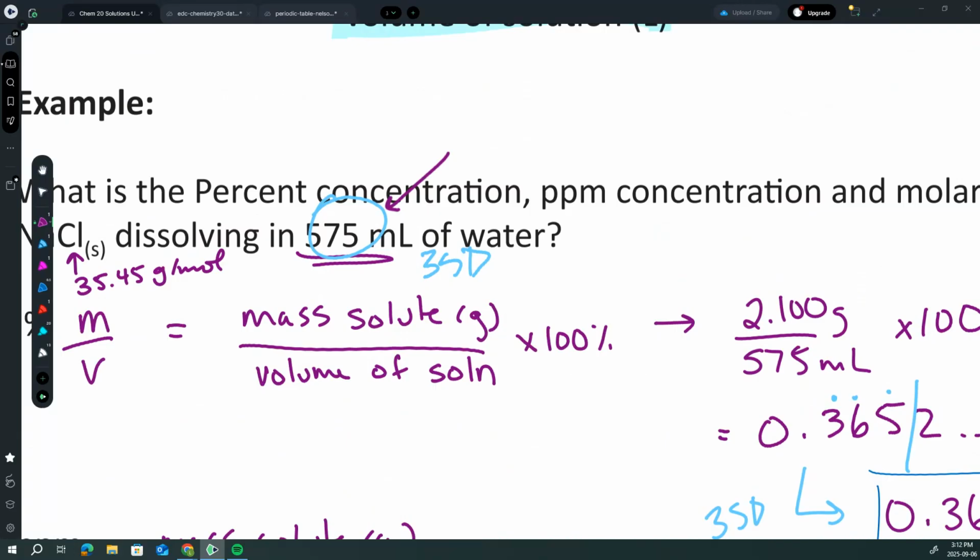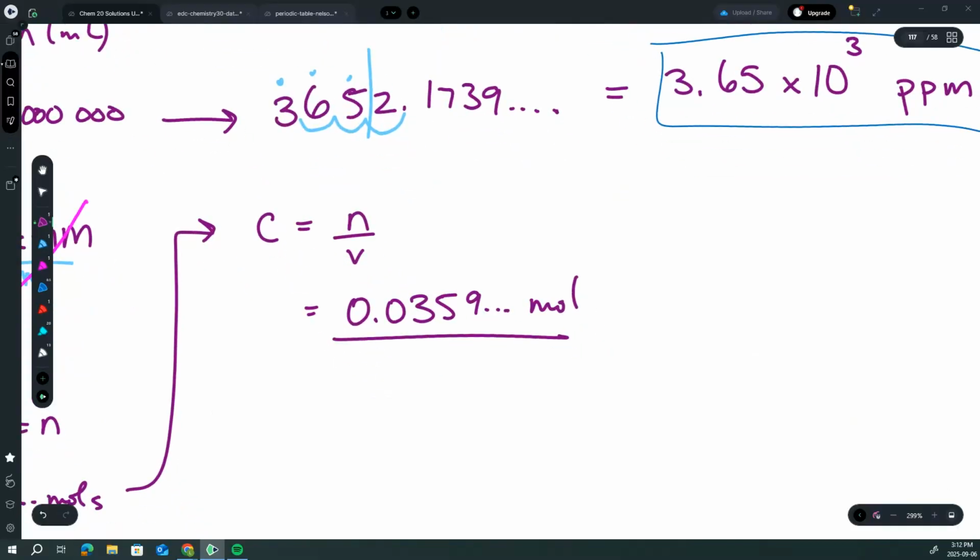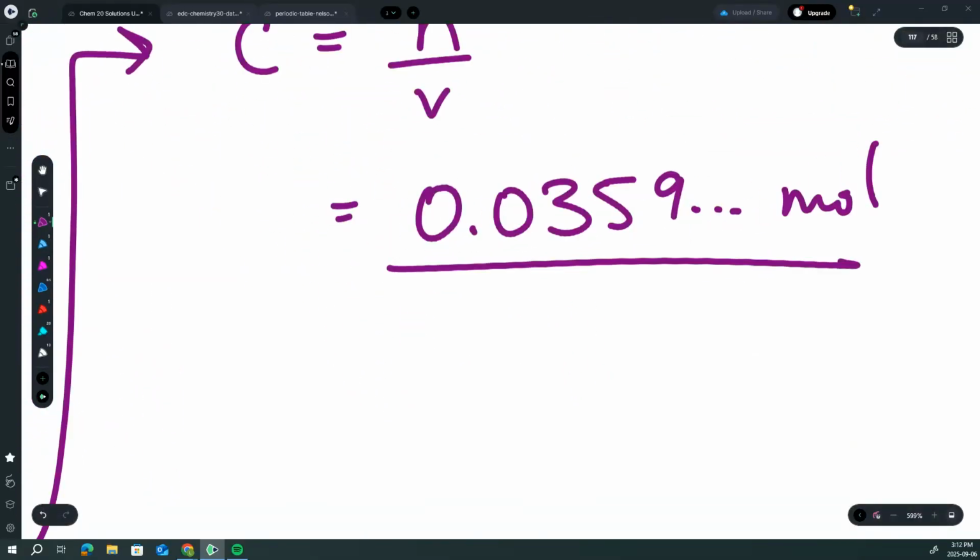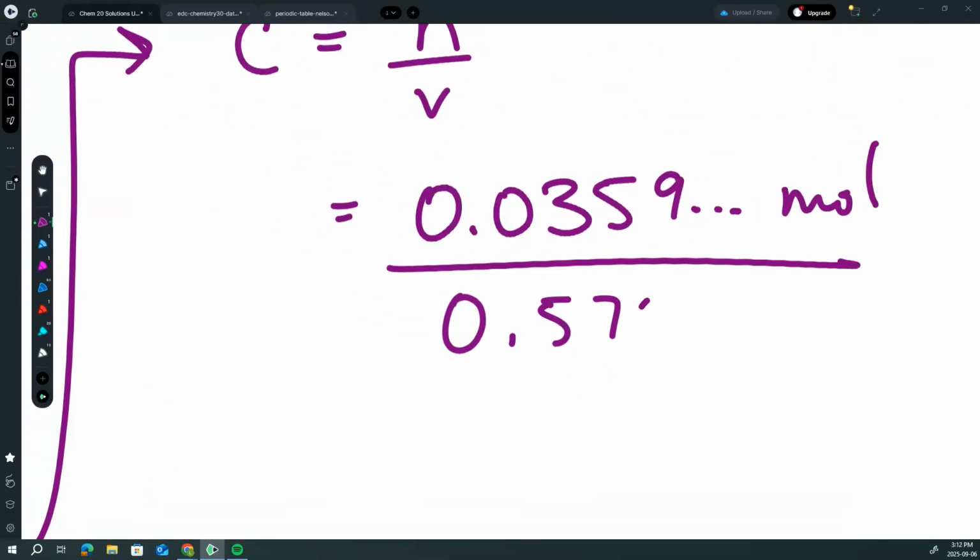You can either use the metric conversion line, or you can just remember that in 1 liter there's 1,000 milliliters. So ultimately, we take our milliliters and divide by 1,000. So 575 divided by 1,000 is 0.575.